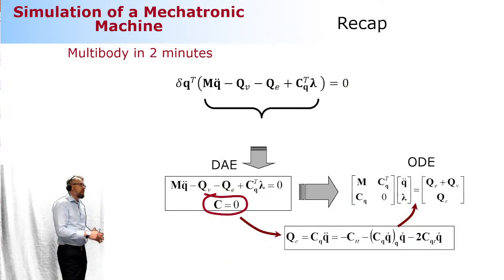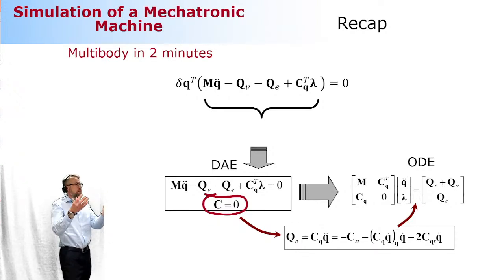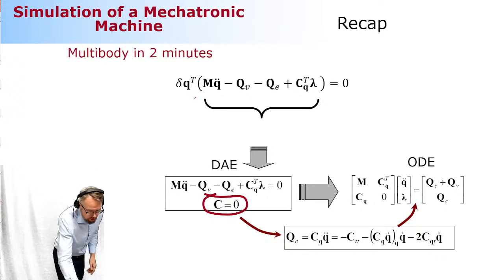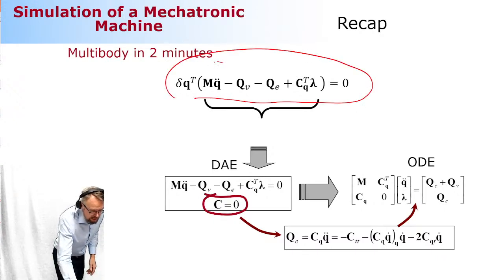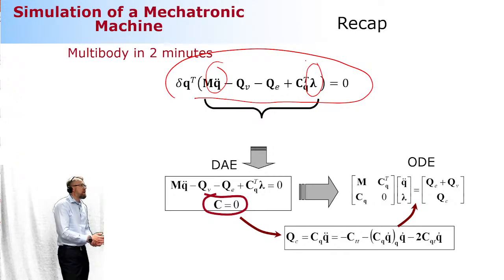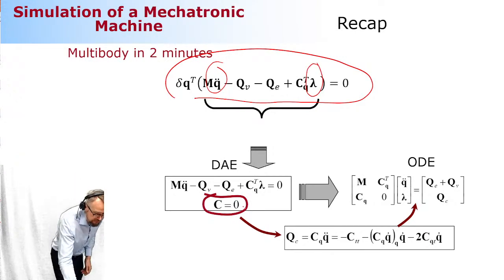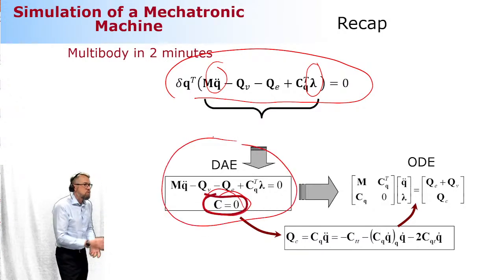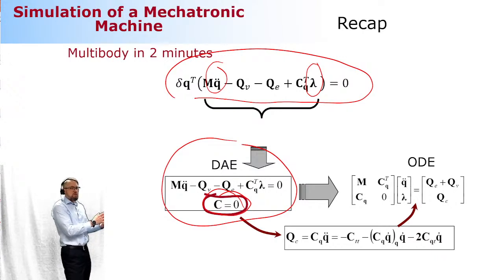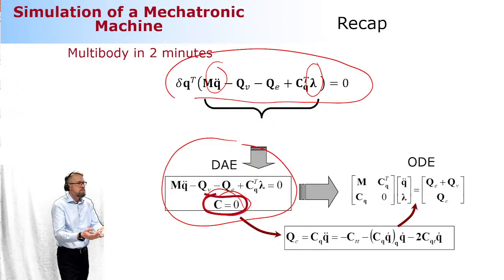So now, when we set these two forces to be equal, and when we take the constraints into account by using Lagrange multipliers, we get this form where we have unknowns that are generalized coordinates and Lagrange multipliers. So we need more information, and we can get that by using constraint equations. This is a set of differential algebraic equations, and once we differentiate the constraint twice with respect to time, we can convert this to an ordinary differential equation.